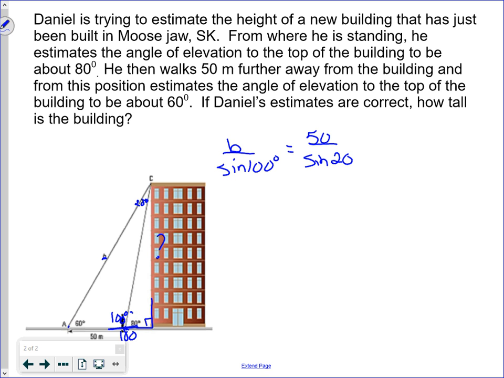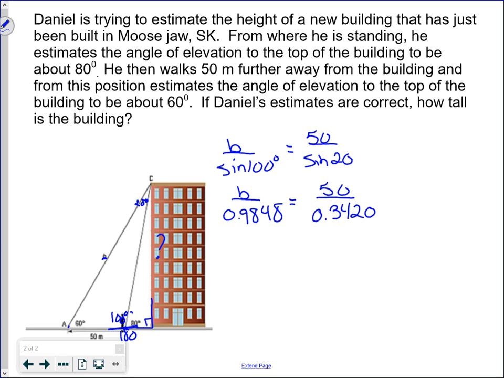So now we want to calculate sine 100 and sine 20. So we will get B over 0.9848, and this will equal 50 over sine 20, which is 0.3420.